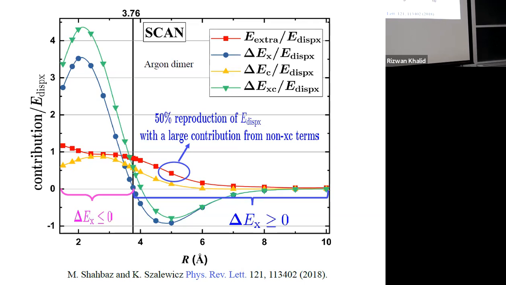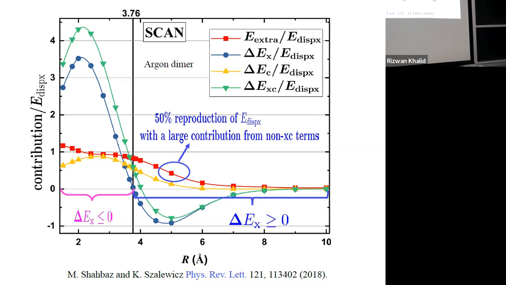Exchange contribution is below 0. So E extra can certainly get contributions which have the same sign as dispersion energy. These are negative contributions from the correlation part. But the difference between this correlation and E extra, which we expected should come from the exchange part, cannot be from the exchange part because the exchange part has the opposite sign here.